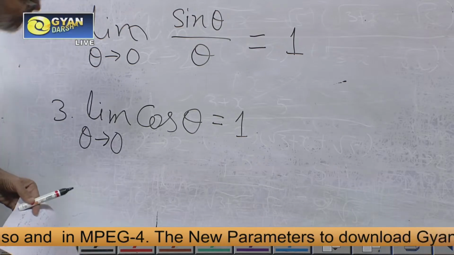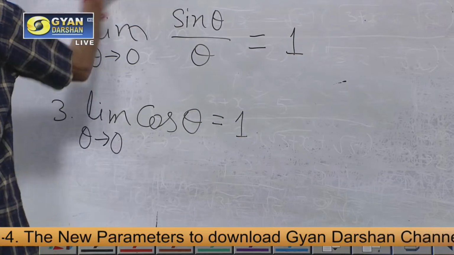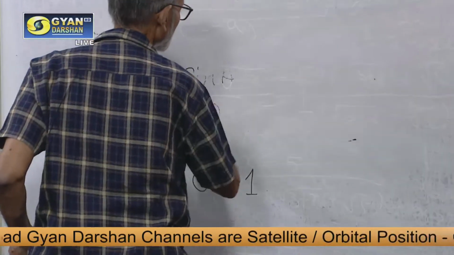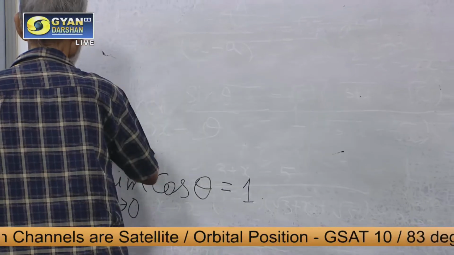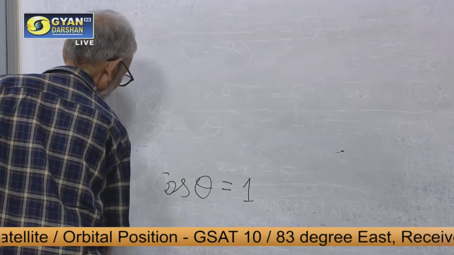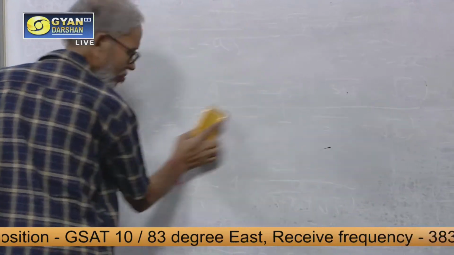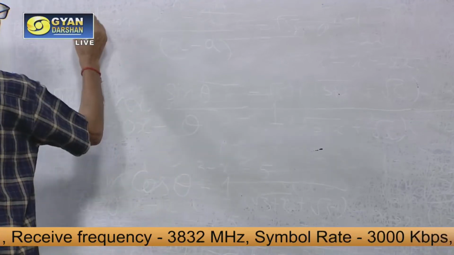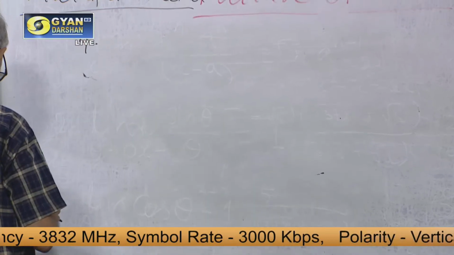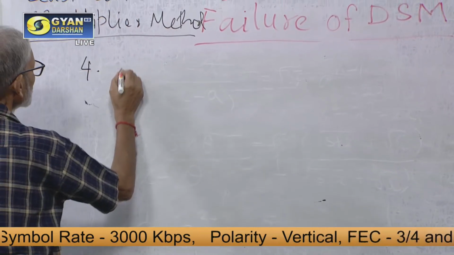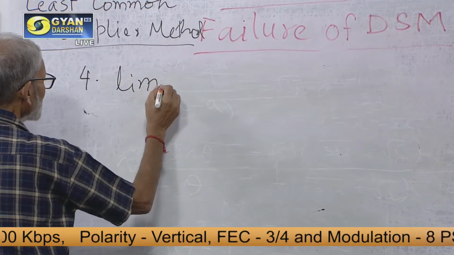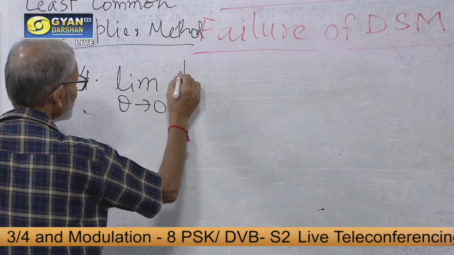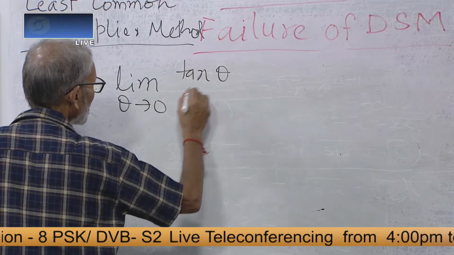Fourth one, similar to sin theta upon theta, limit theta tends to 0, tan theta upon theta.